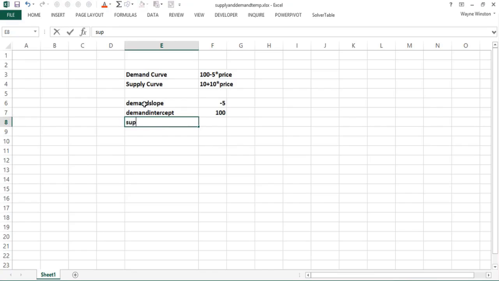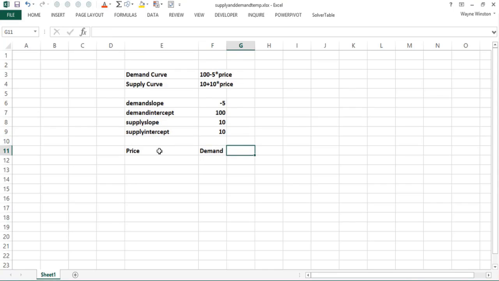And then we could have the supply slope, which is plus 10, and the supply intercept, which is also plus 10. So we would like the graph, or let's say price can only go up to $20 because demand would go negative above that price. So I could go price, and then I can have, doesn't matter what order, we could have the demand, and we could have the supply, and then we could chart all this stuff.